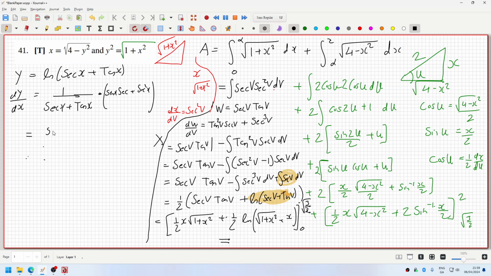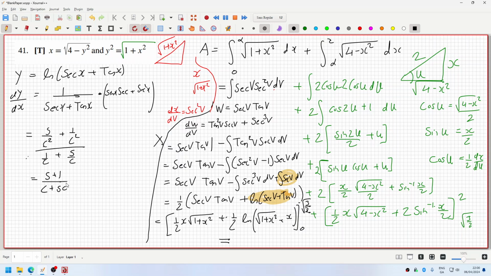So that's sine over cos squared plus 1 over cos squared over 1 over cos plus sine over cos. If I multiply by cos squared, I'll get sine plus 1 over cos plus sine cos.